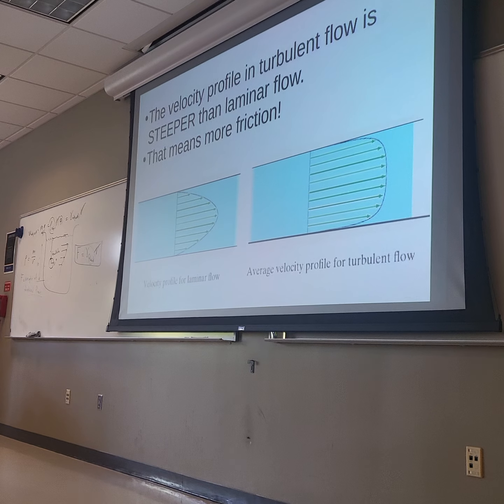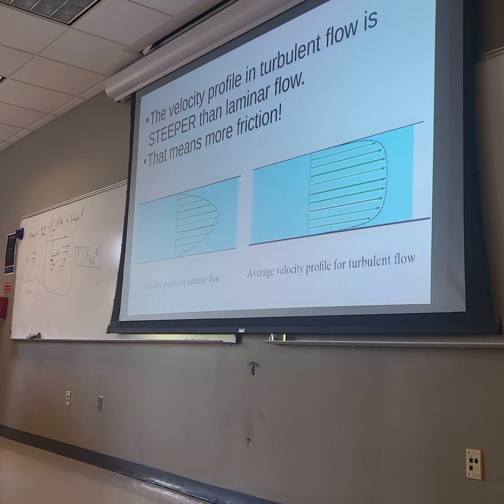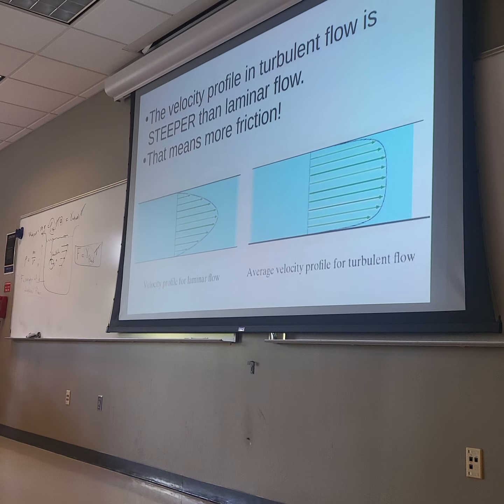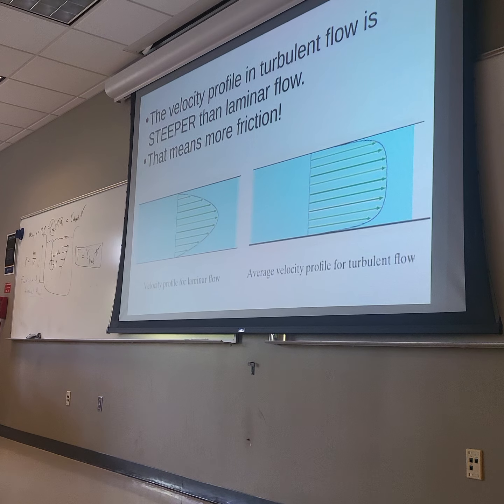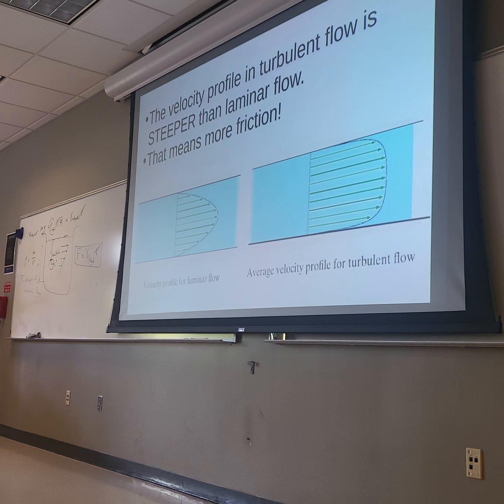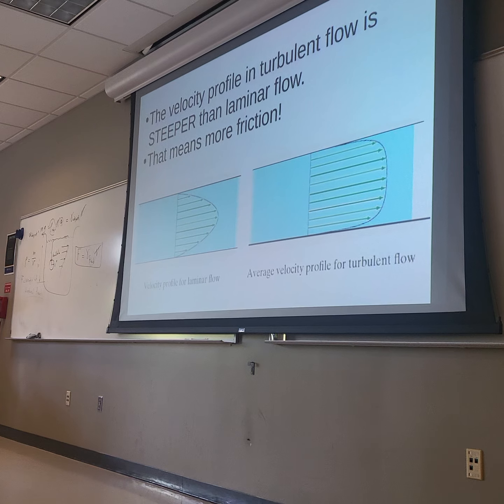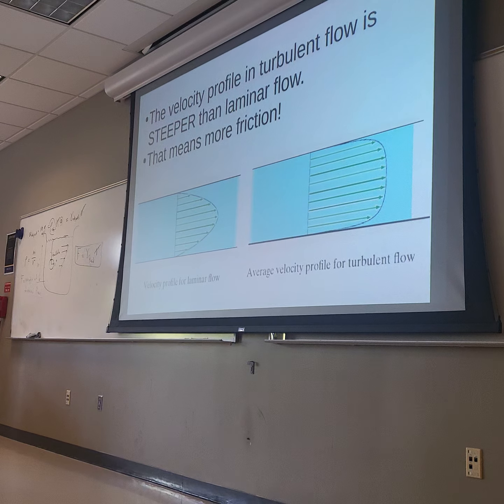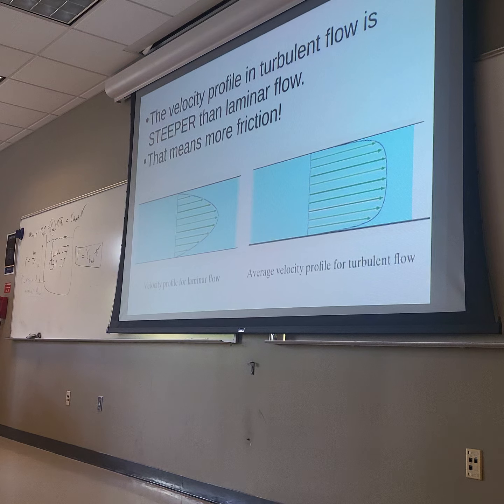In fact, the person who discovered this for the first time was an Englishman called Osborne Reynolds. He didn't have anything to make a photograph like that, but he had a long pipe and a pump. He tried to pump water in the pipe, and everything was proportional when the flow was laminar and the speed was low.